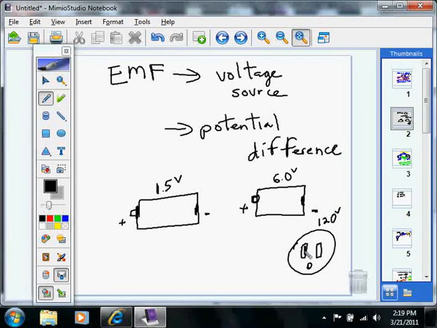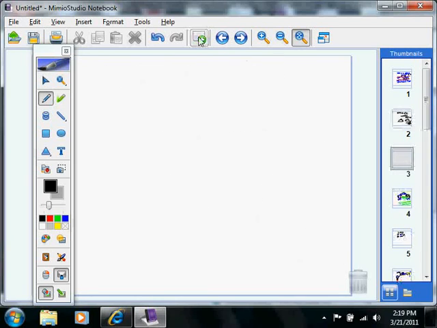The one terminal is really, really, really negative, and the other terminal is really, really, really, really positive. So when you think of EMF or voltage source or potential difference, think of difference in electron concentration. And that's my final word, and I'm sticking with it.